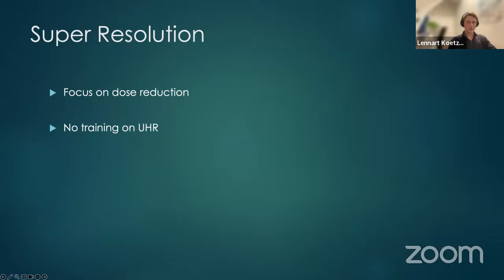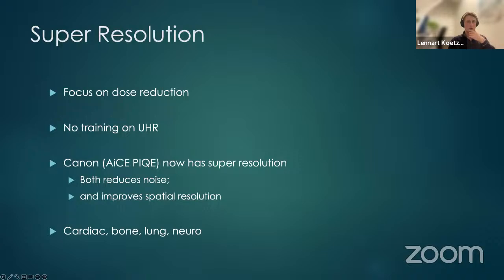So to account for this high resolution imaging, Canon quite recently introduced their high resolution DLR algorithm called ACE-peak. This network was trained on high dose, high resolution acquisitions and their simulated low dose and low resolution equivalent.